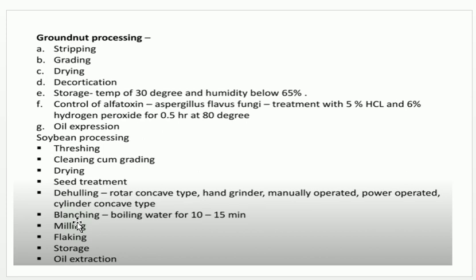Dehulling is generally carried out by rotary concave type, hand binder, manually operated, power operated, or cylinder concave type machine. After that, blanching by boiling the seed in water for 10 to 15 minutes.